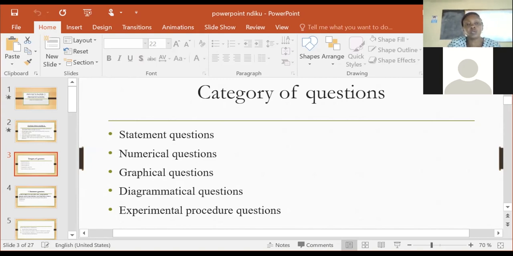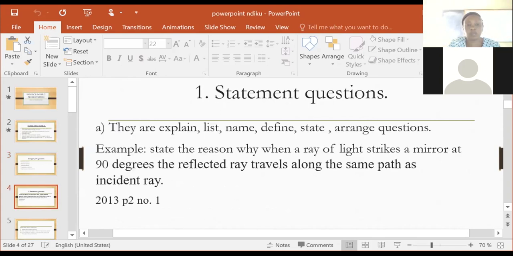We are going to do each one of them, seeing what is required for each type of question. Remember, these questions can be in section A or also in section B. So we start with statement questions.